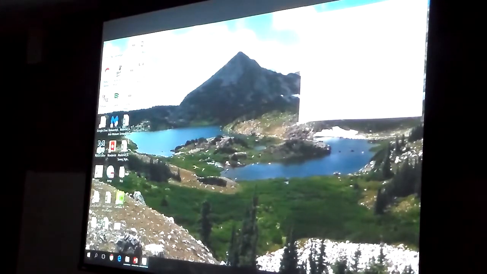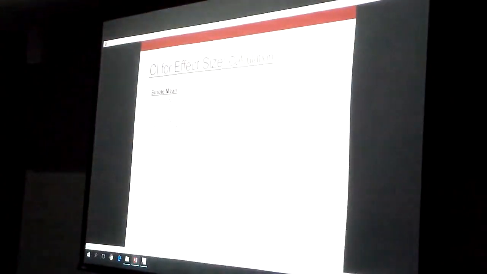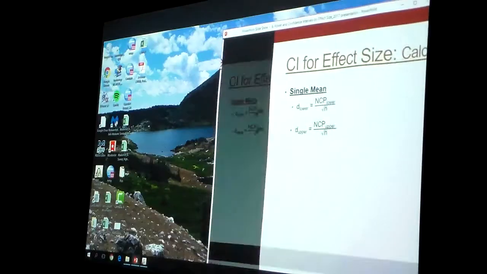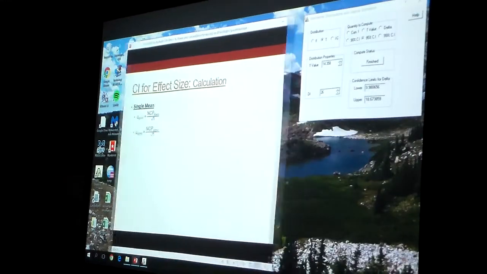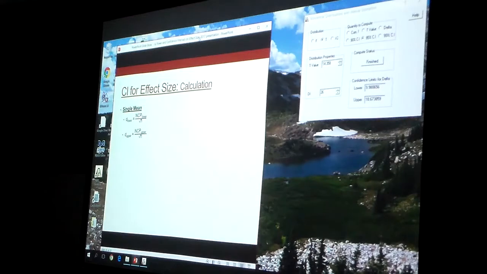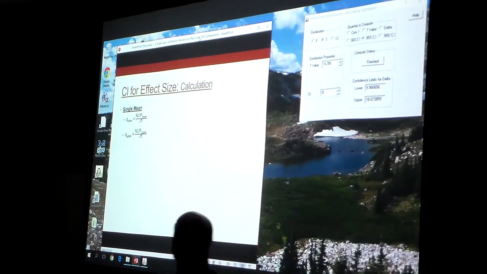And what I'm going to do is I'm going to now use that to go back through and calculate my confidence intervals around my effect size.